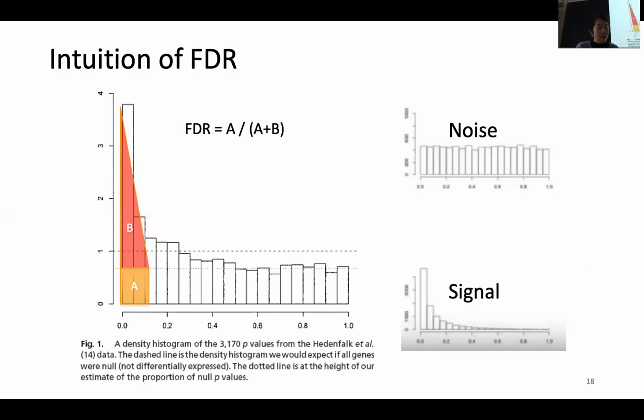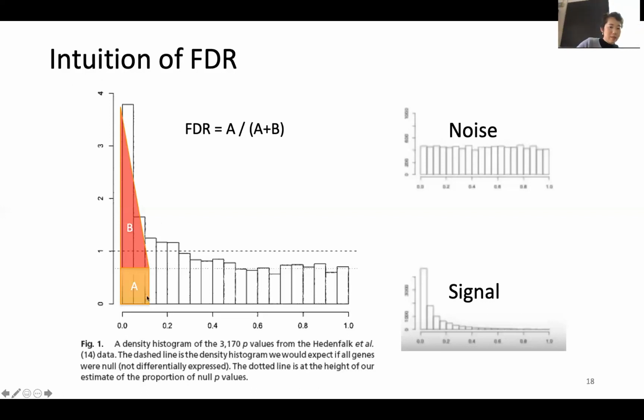Okay, that's FDR. There is a one-to-one correspondence. Basically, you can imagine at every p-value cutoff, you can estimate the A divided by the A plus B. Okay, and so the FDR value is always higher than the p-value.